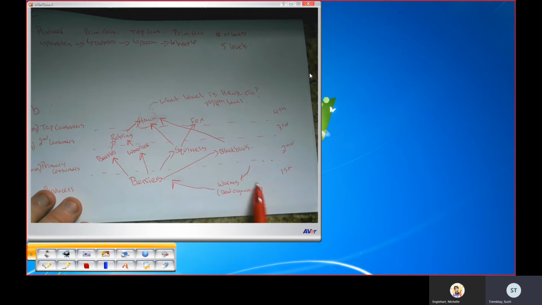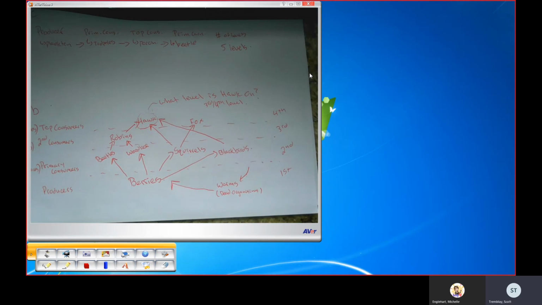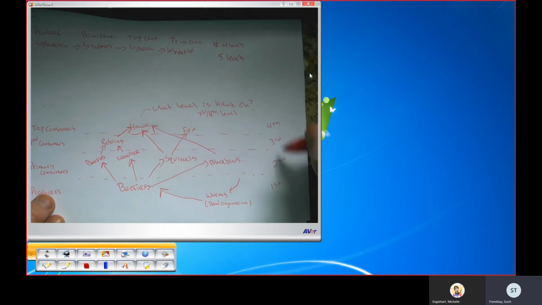And the trophic level, they're not really on a trophic level, are they? They're not really considered to be on a trophic level because they're not really feeding anybody. They're recycling nutrients. They're not actually providing energy to the berries. These trophic levels have to do with the transfer of energy.